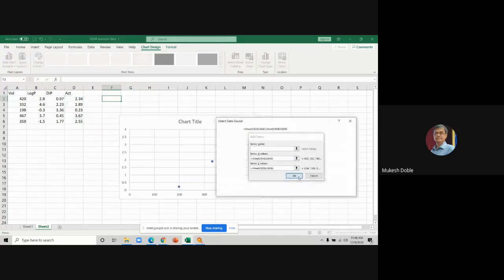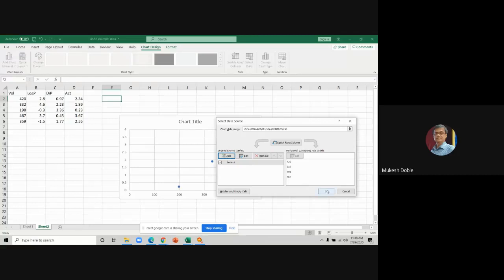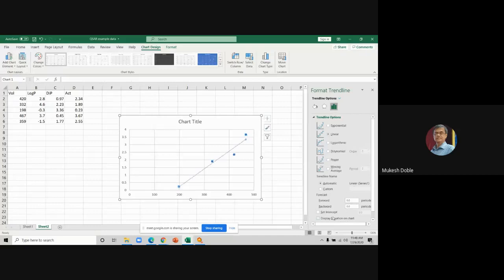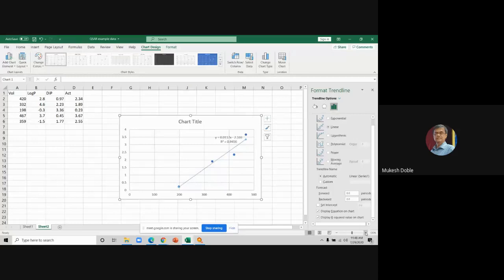Okay, I've taken only the top 4 points. I now will make a model. So I'll say add trend line, display R square. So this is my model with only the top 4 points.